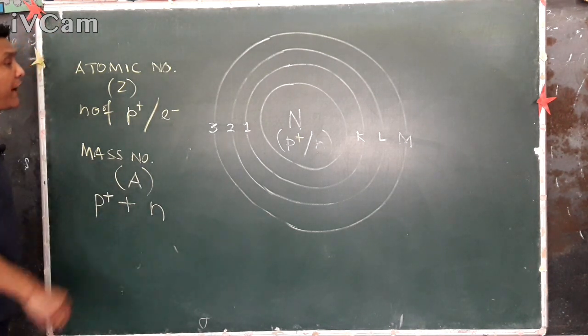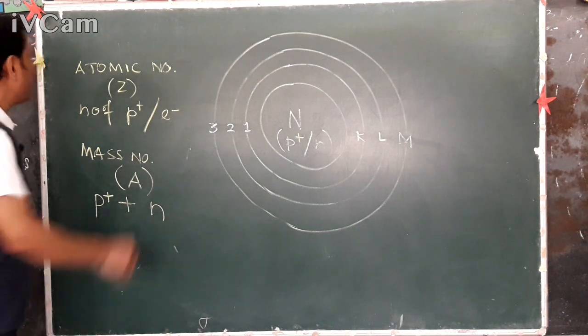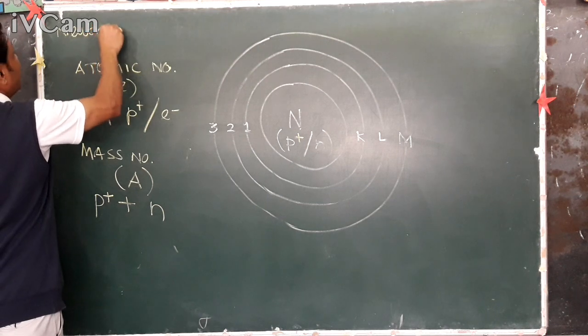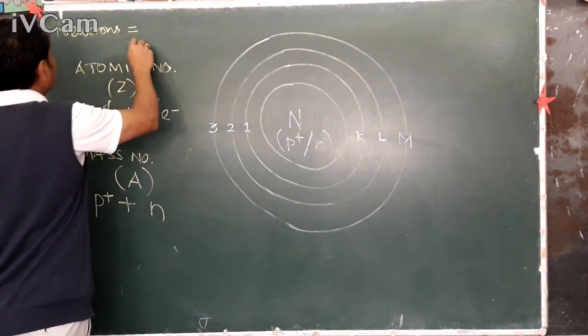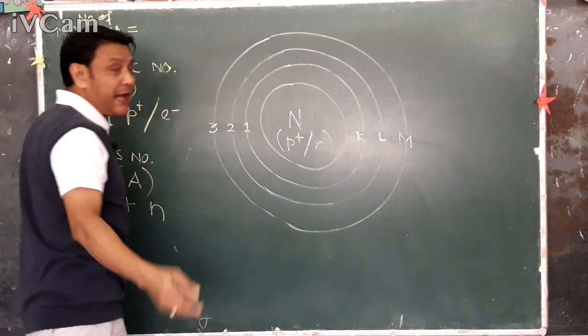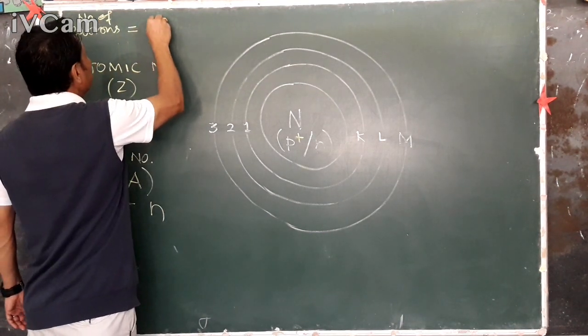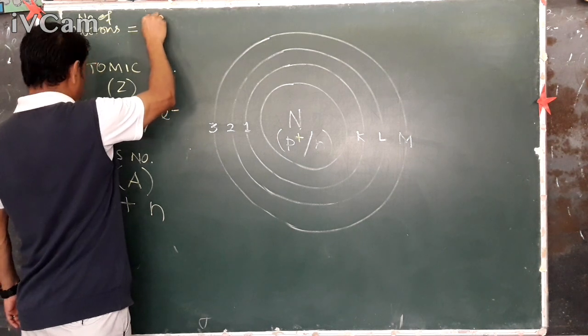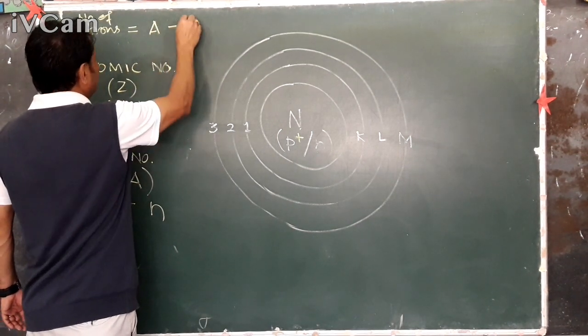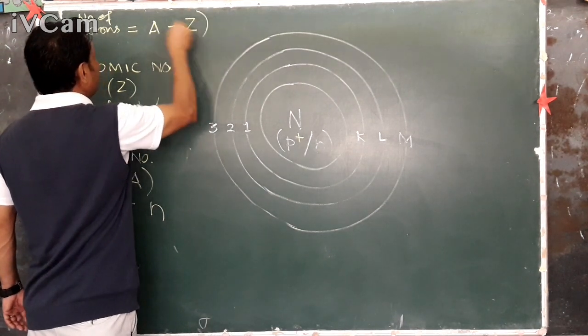So how do we find the number of neutrons now? If you want to know the number of neutrons in any atom, the number of neutrons is equal to the mass number A minus the atomic number Z. Please remember this.